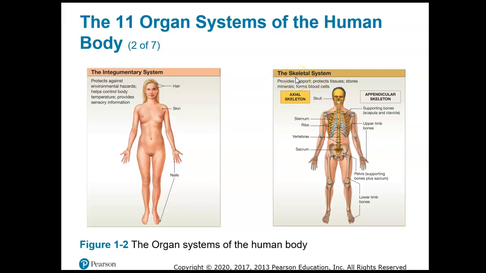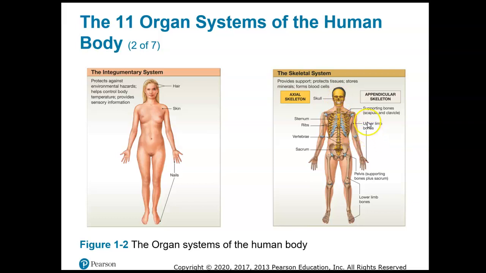The skeletal system consists of the bones of the skeleton. So that's going to be the axial skeleton, which is everything in the center and the axis of the body, the skull, the vertebrae, the ribs, and the sternum, which is the breastbone. Those would be components of the axial skeleton.